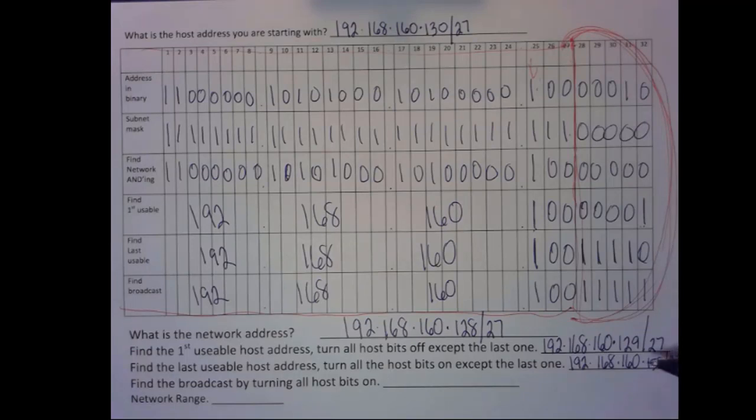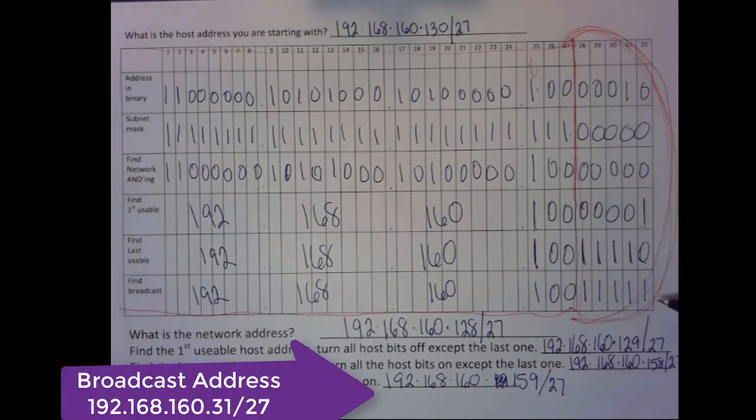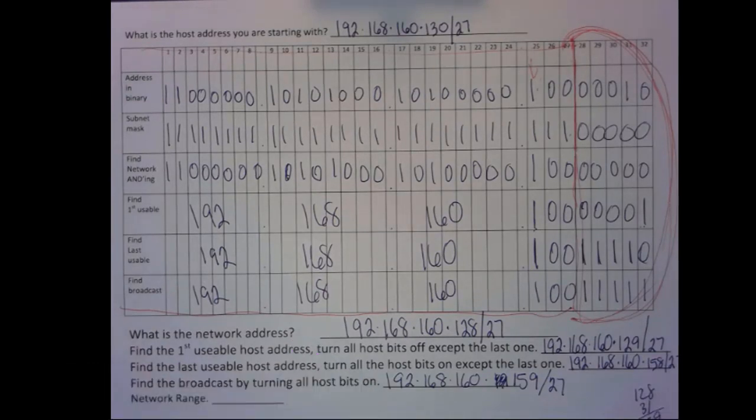So then I've got my broadcast address, which is going to be 192.168.160.159/27. Right, so basically I'm adding 31 plus 128, 159, right. I think I did that right.